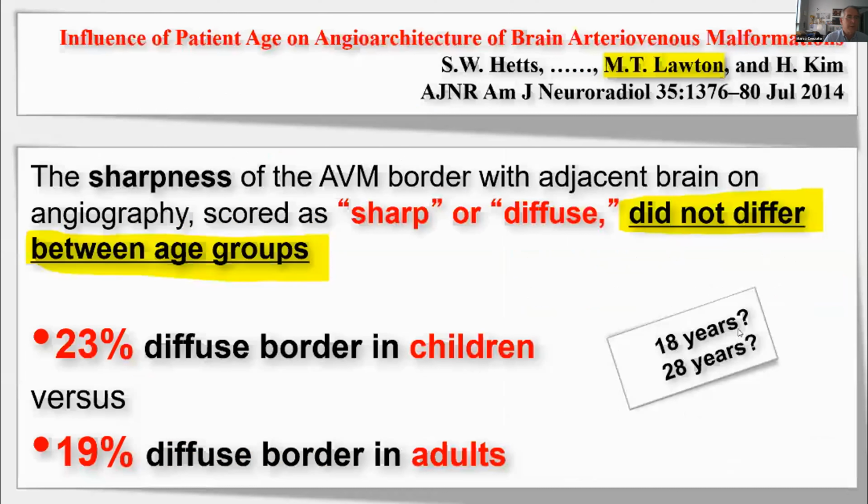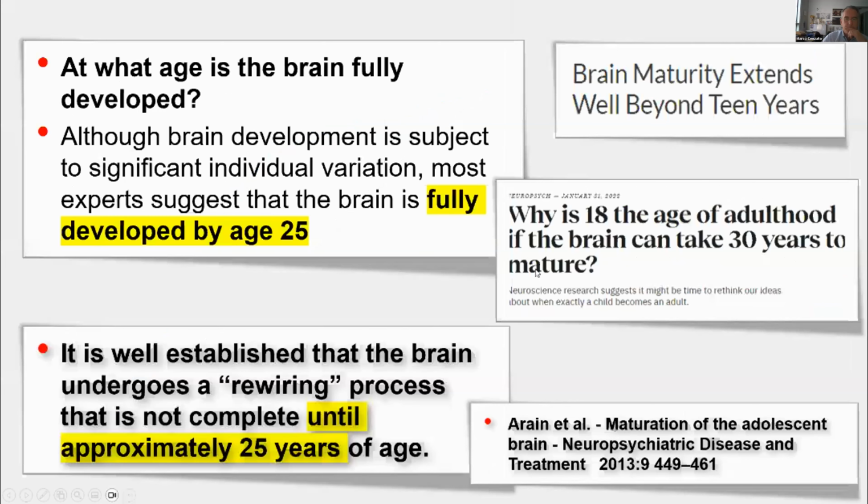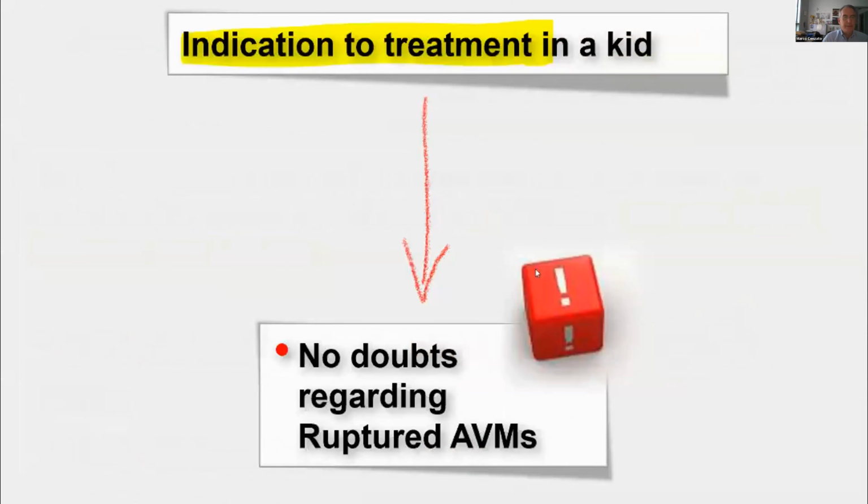And also this paper from Lawton and Kim and the others finds that there is not a significant statistical difference between sharp and diffuse AVM. Probably if you consider only the age of 18, that's true, because between the age 18 and after, it doesn't change anything, but probably something could be considered in an older patient. So having said that, what to do with the kid?